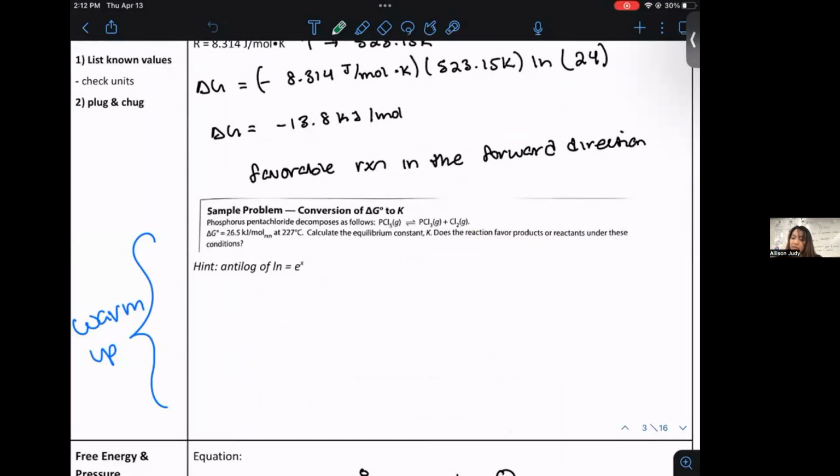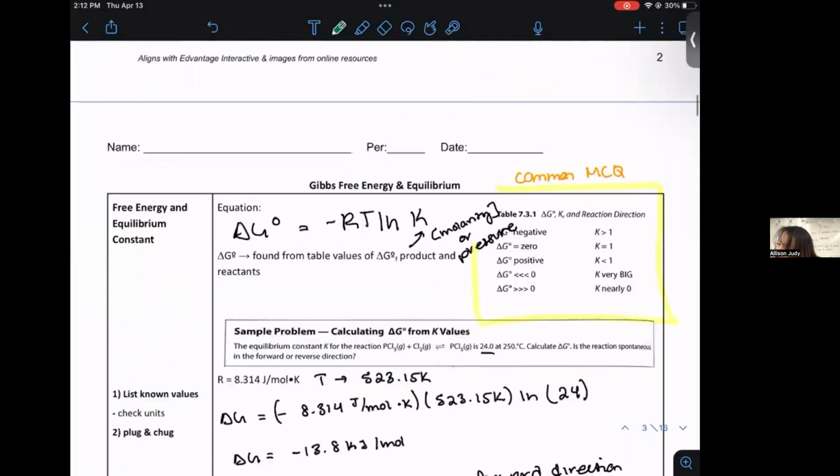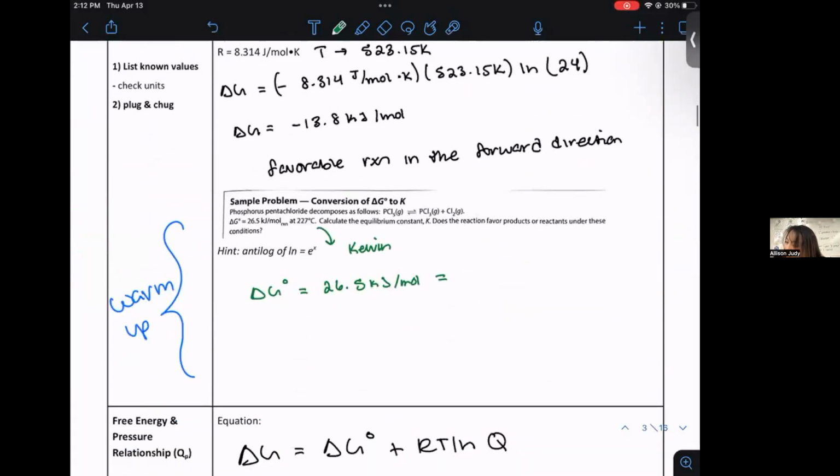So what you got was, you should have put in 1, change your degrees to Kelvin, okay? Then you get your G. So G equals 26.5 kilojoules per mole, which is equal to, you would use the K equation, so negative RT ln K. Negative 8.314.